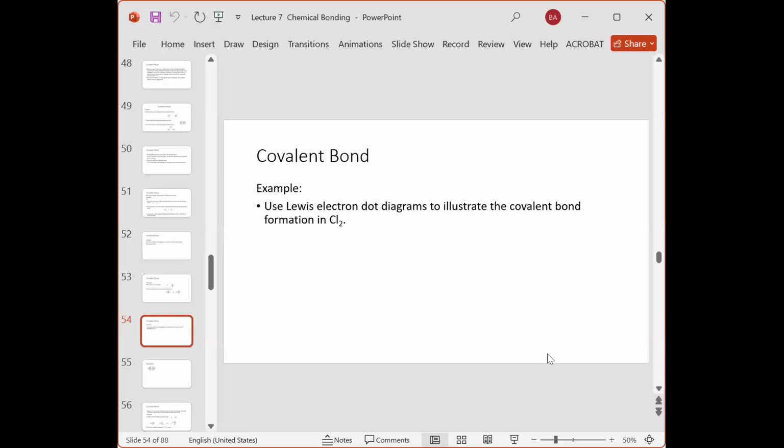So use a Lewis electron dot diagram to illustrate the covalent bond formation in chlorine. I want you to try your hands on this. Before we move on, let me see if you understand what we are doing. Let me give you about 2 to 3 minutes. It's now 11:40, 11:43. I'll start talking again.